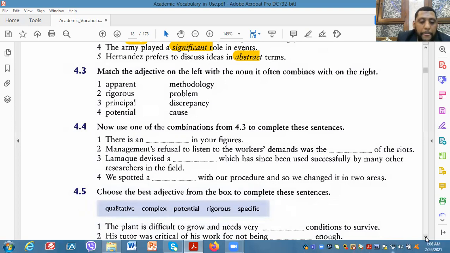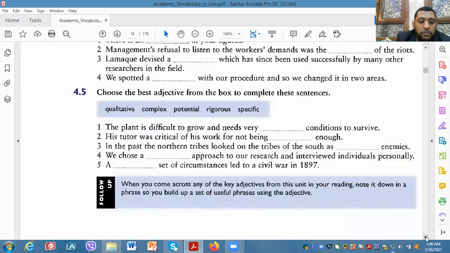4.5. Choose the best adjective from the box to complete these sentences. Qualitative, complex, potential, rigorous, specific. So what do you think about number 1?